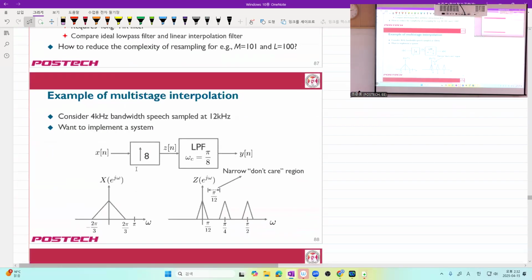So first, let's see the case where your voice or my speech signal is sampled at 12 kilohertz, with content up to 4 kilohertz. In the frequency domain, something like this. By the way, most common conversation occurs here.